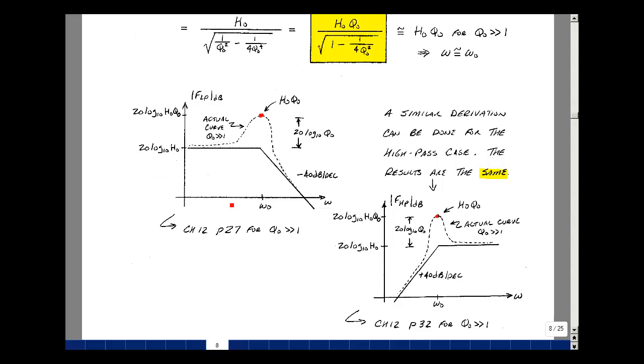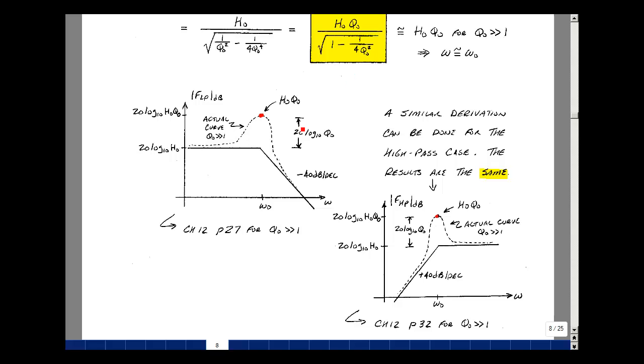Now, as you go higher in frequency, we eventually approach a slope of minus 40 dB per decade from the form 8 denominator. And we've just shown that at roughly omega naught, there's a peak for large values of Q that's equal to H naught Q naught. More specifically, it's equal to this anytime you have a Q greater than 0.707.